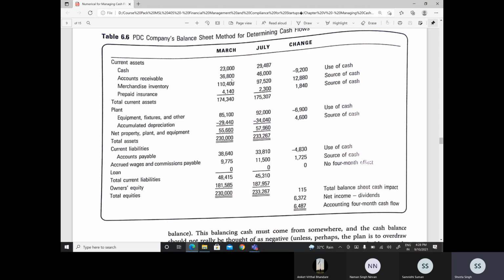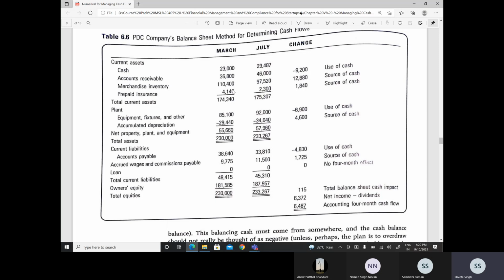Okay, so when you compare these two figures, leave the cash account separately. Accounts receivables, you can see, has increased from 36,800 to 46,000 in July. So this means that we have used up 9,200 of cash. In inventory, you can see that the inventory is actually reduced from 110,400 to 97,520. So this means we have actually released 12,880 of cash.